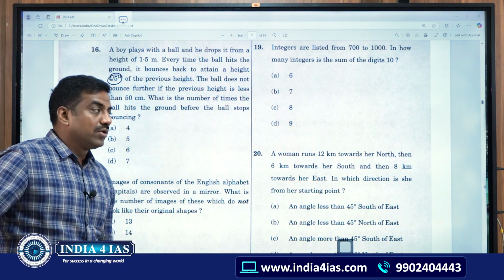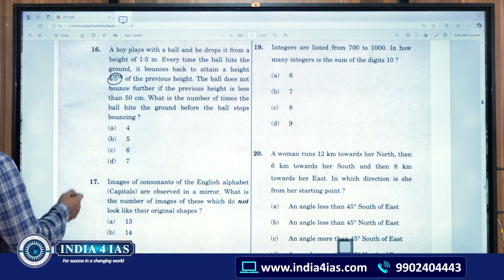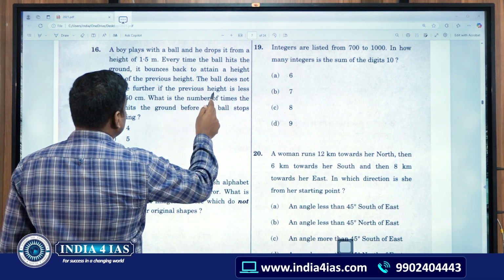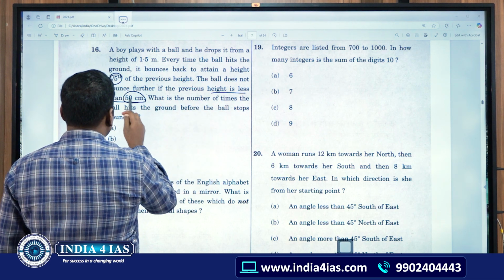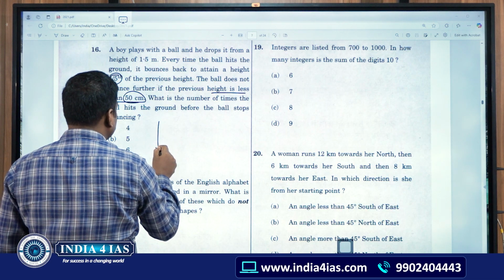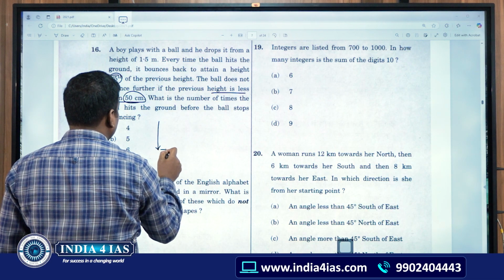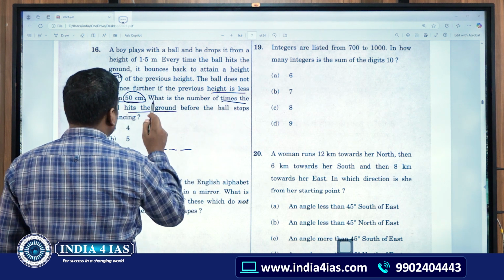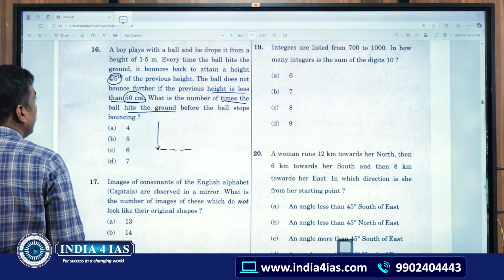If the previous height is less than 50 centimeter, it will stop. What is the number of times the ball hits the ground? Beautiful question.